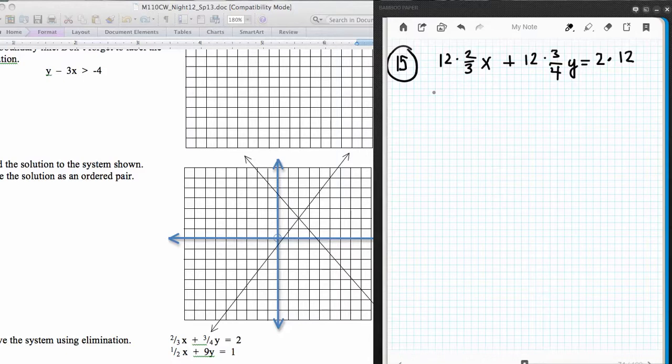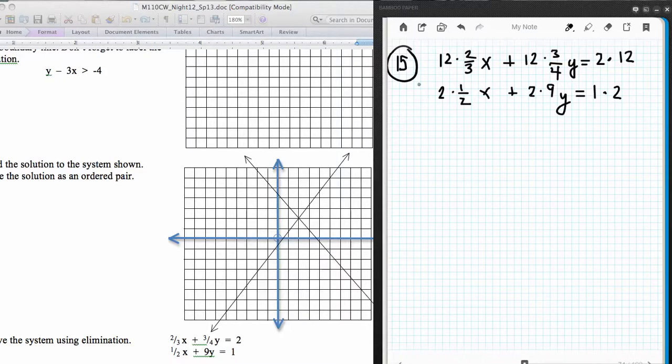Now the second equation, I'm going to clear it by multiplying by 2. So I have 2 times 1/2 x plus, and even though there's no fraction, remember I still have to multiply, 2 times 9y equals, and then again, even though there's no fraction, multiply 1 by 2.